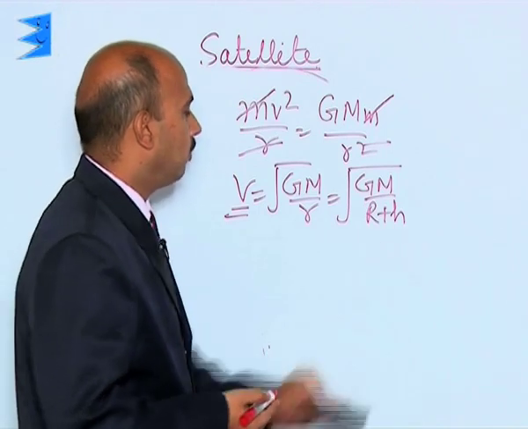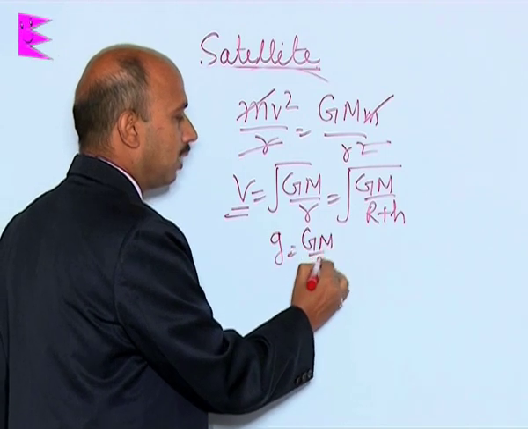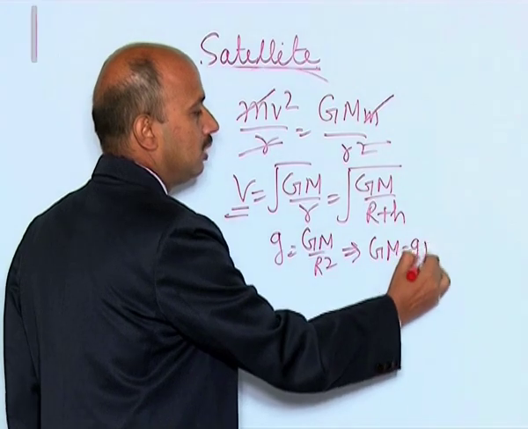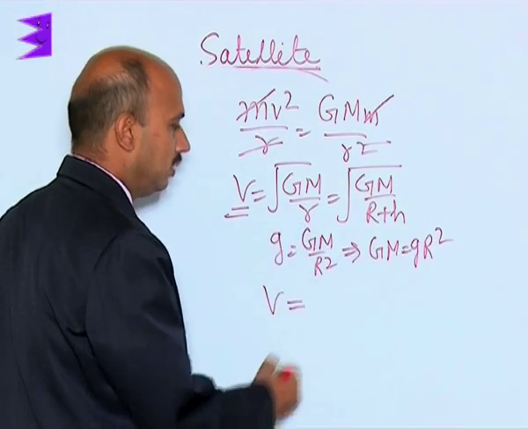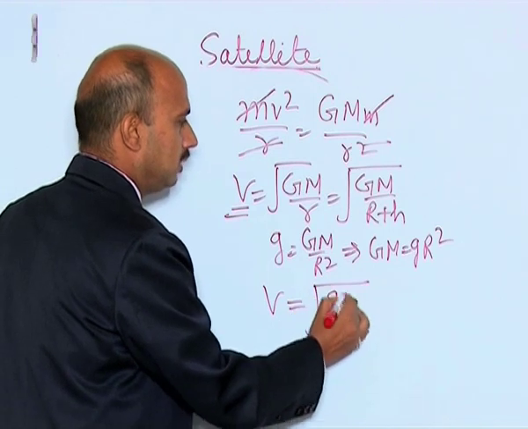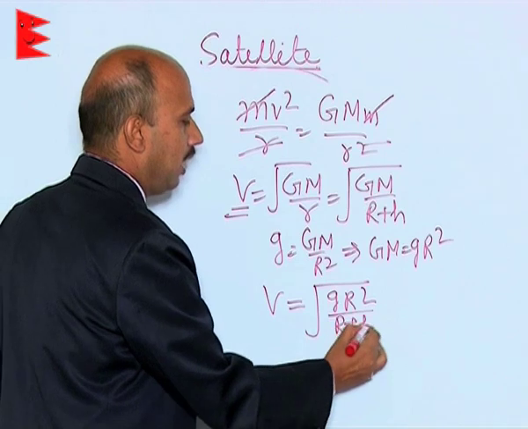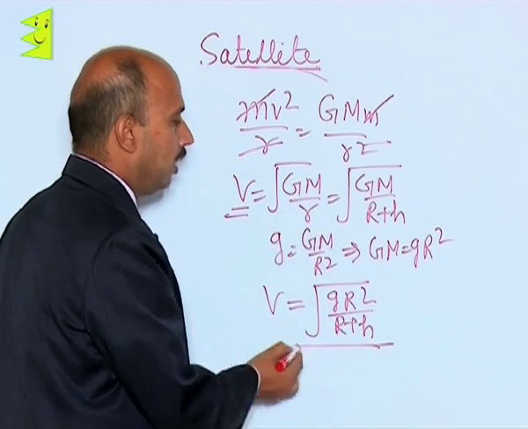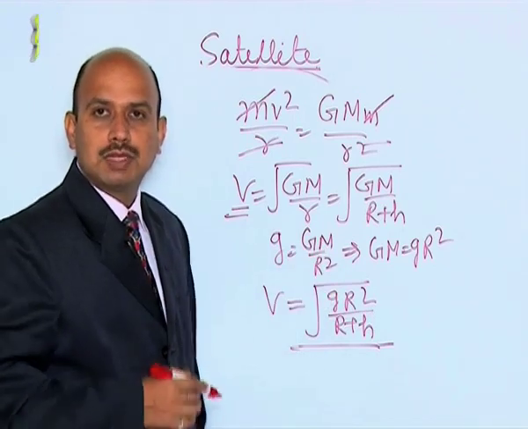We have already done g is equal to GM upon R square, so we can write GM is equal to gR square. So, we will get orbital speed as under root of gR square upon R plus h. We can write this formula also, in place of GM. So, this is about orbital speed.